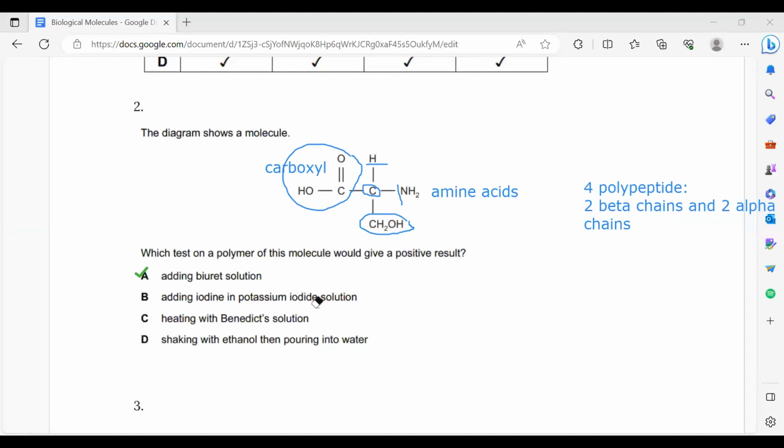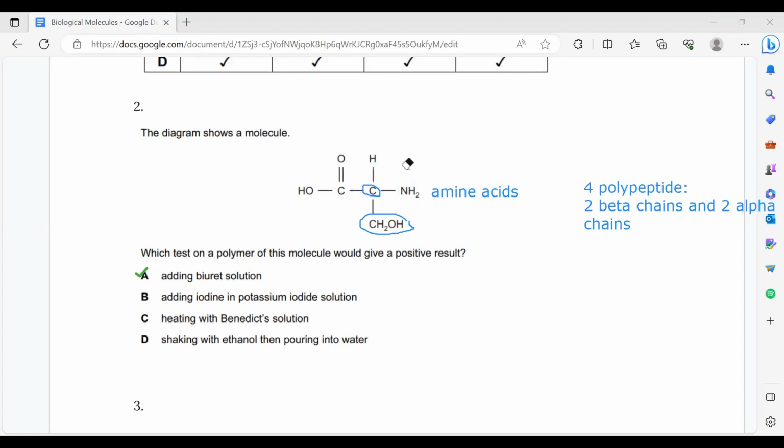Adding iodine in potassium iodide solution is a test for starch. Heating with Benedict's solution is a test for monosaccharides, disaccharides, and reducing sugars in general. And shaking with ethanol, then water, is a test for fats, lipids, and triglycerides.